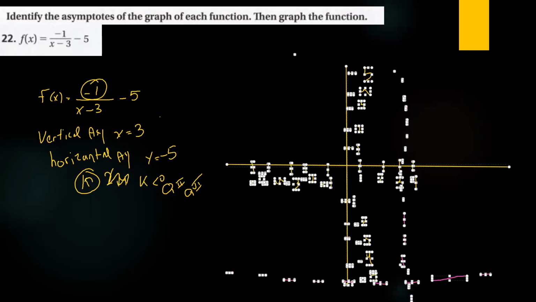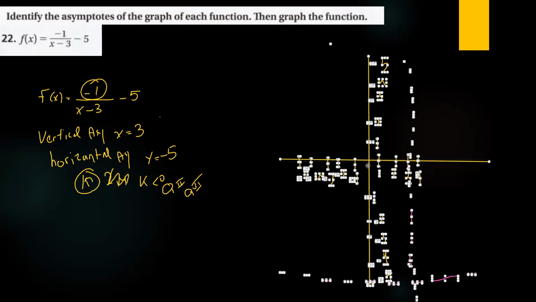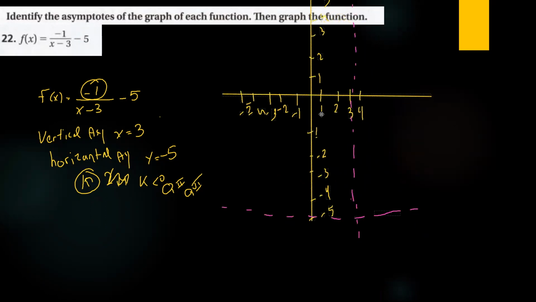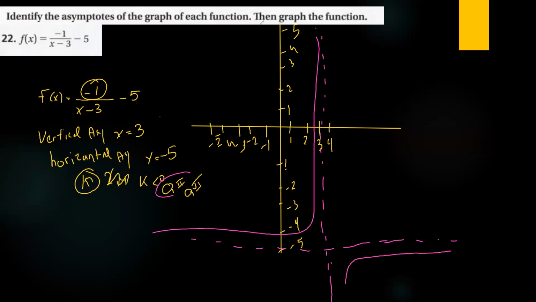I need to make some changes here. So this is the asymptotes. Now, I'm in quadrant 2 and 4. So this is what the curve will be. This is in quadrant 2 and 4. It doesn't intersect x equals 3 and y equals negative 5.